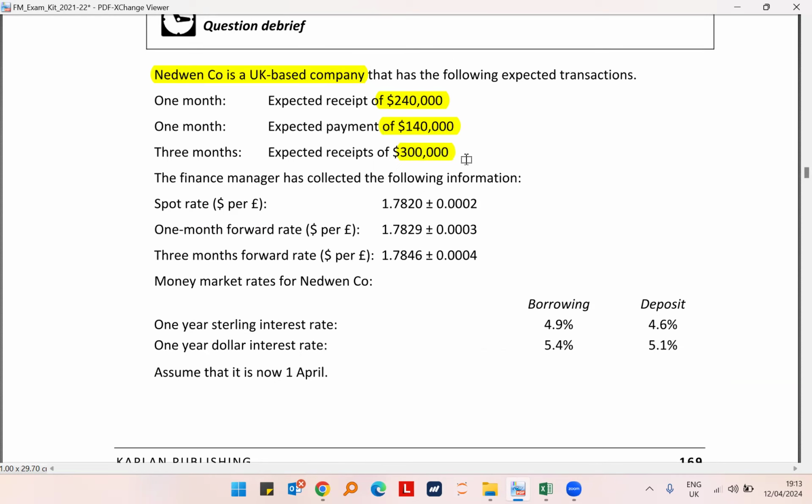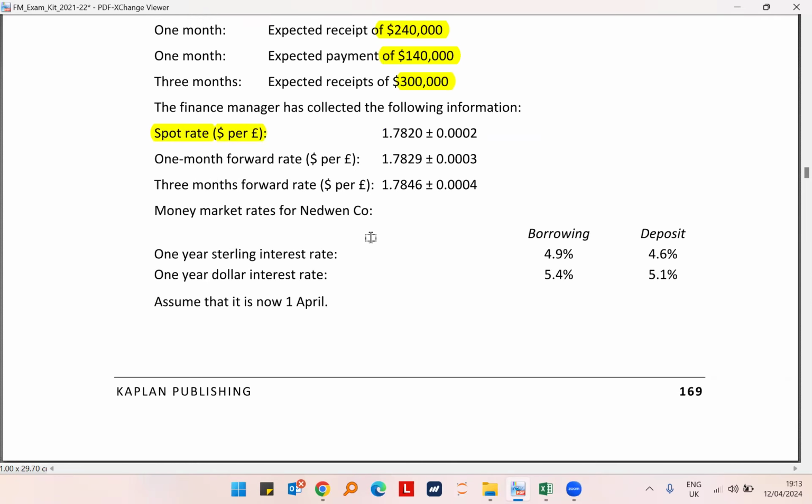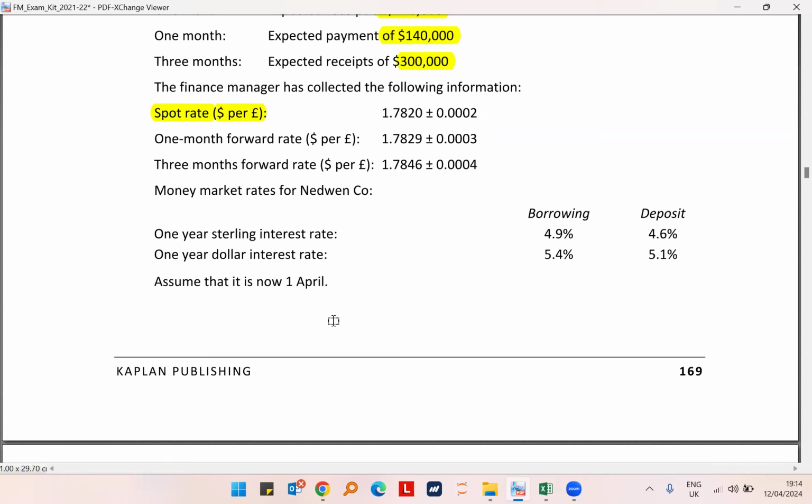So they have given you the spot rate, dollars per pound. Then they've also given you the 1 month forward rate and 3 months forward rate. And then they have given you some information for the money market hedge, where you have the borrowing rate and deposit rate in pound sterling and in dollars. And they're saying that today is 1st April.